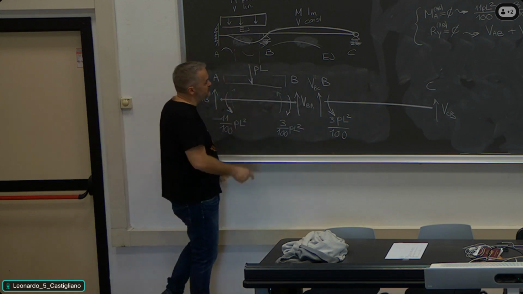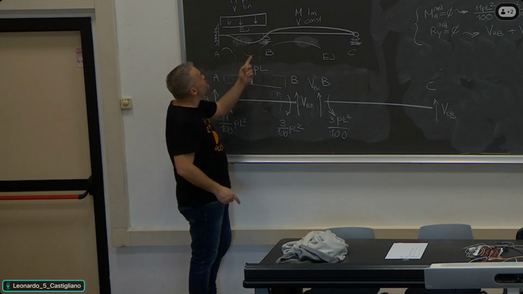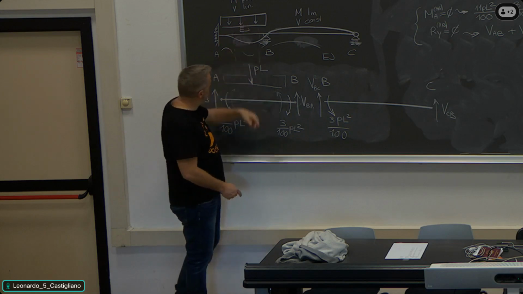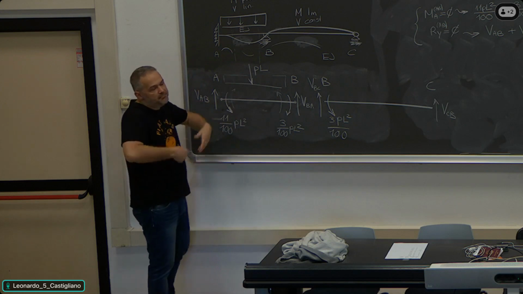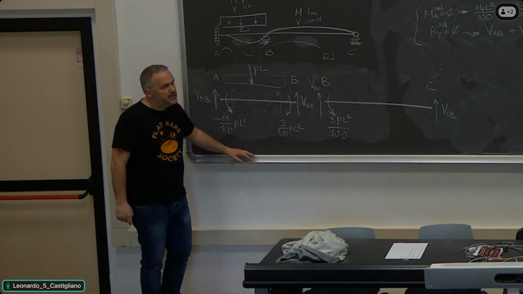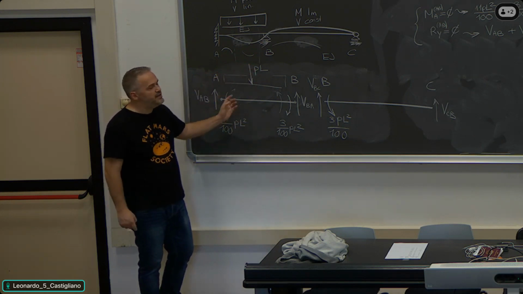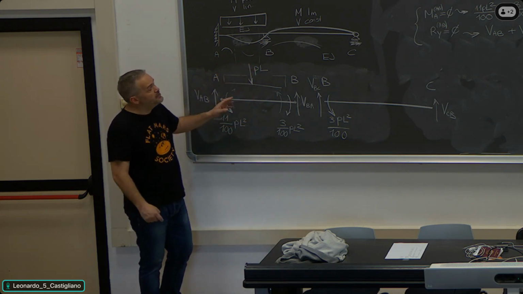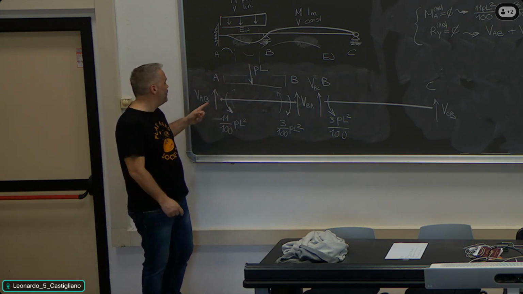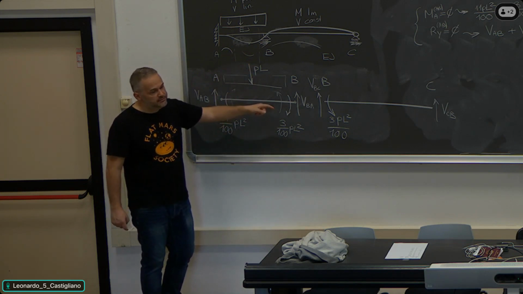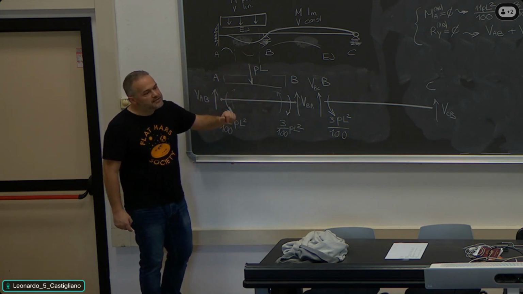This for the bending moment. For the load, there should be no doubt the load is downwards. These two forces, I simply put a sign, and the value and the sign of the solution will tell me whether I got it wrong or right. As a matter of fact, they are both positive, so I assume them to be upward. They are both positive, it means they are both upwards.